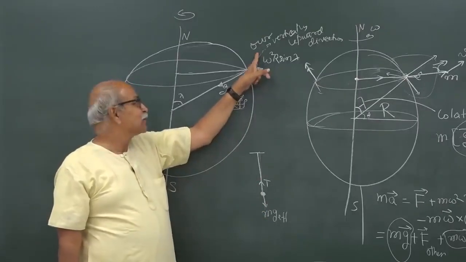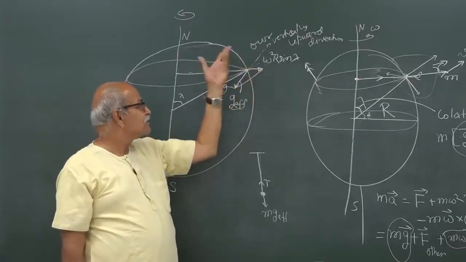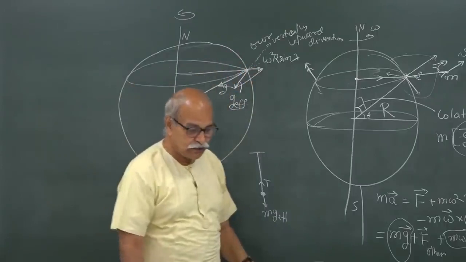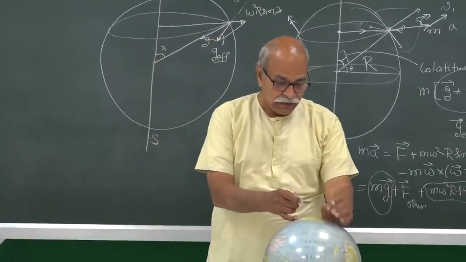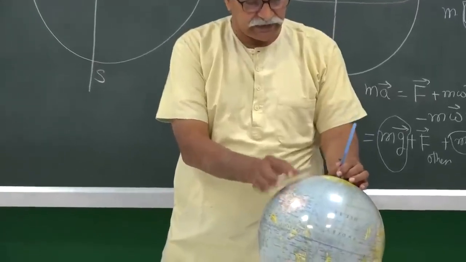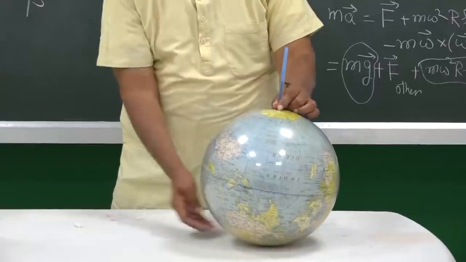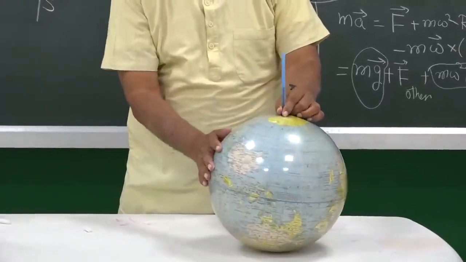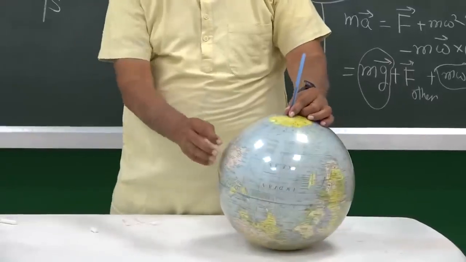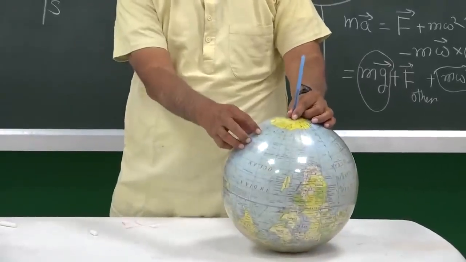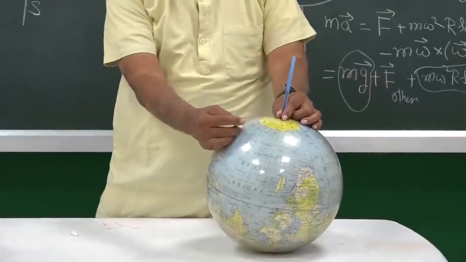On the globe, what is the horizontal? It is a tangent plane to this surface. If I show you on the globe, suppose this is our earth, this is the axis of rotation, north pole of this earth, south pole of the earth, and this earth is rotating about this, and suppose our laboratory is somewhere here. So, what is vertical?